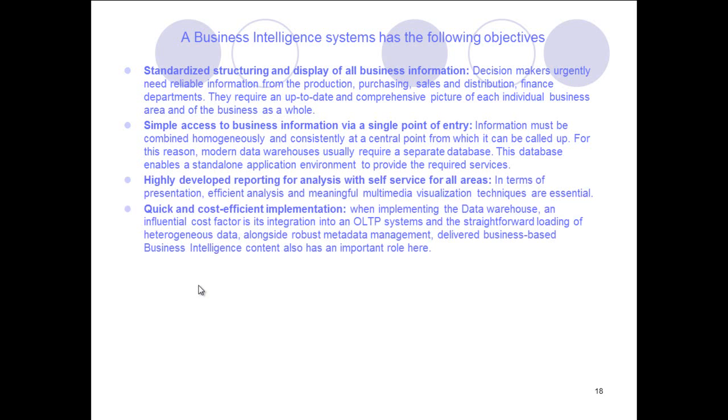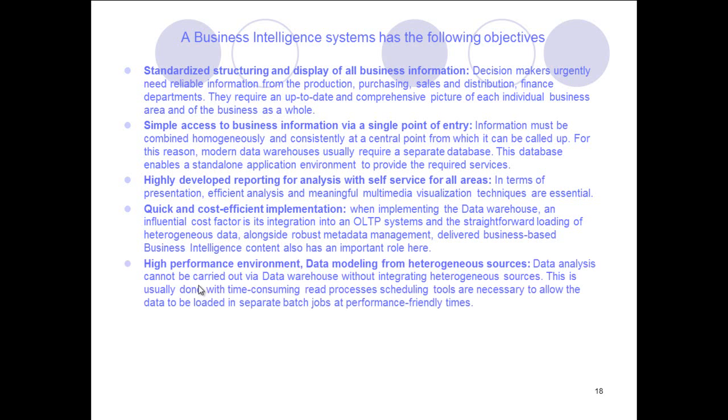Quick and cost-efficient implementation. When implementing, we can implement cost efficiently by using BI content, etc. So it is quick, it is cost efficient, and it is flexible, and there are drill down and drill across functionalities in BI, etc. A lot of features are there in BI, so it is very preferable.